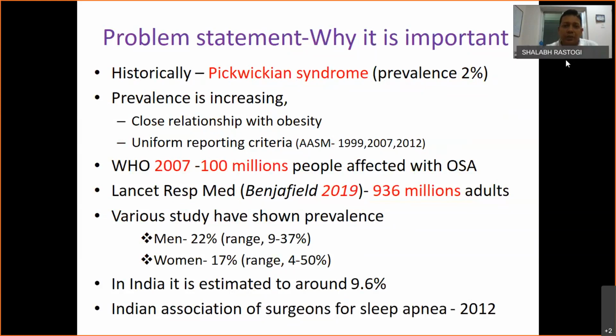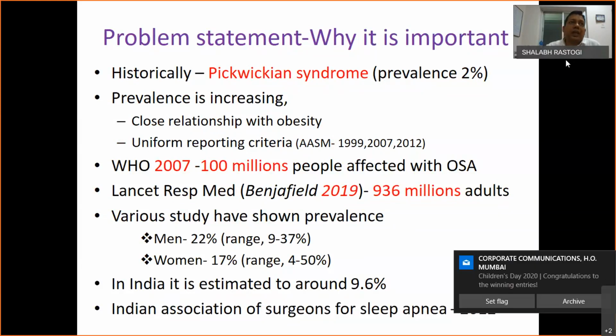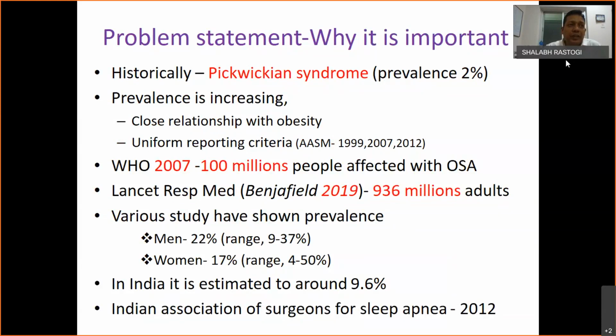Why is it important? Historically, it is called Pickwickian syndrome. It took its name from a novel by Charles Dickens in 1836, in which the character Joe, the fat boy, has an obese personality with hypoventilation, and keeps dozing in the daytime.